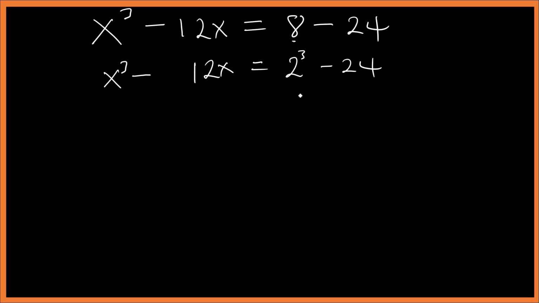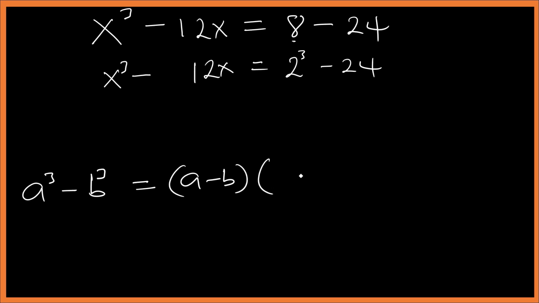Now I want to arrive at the difference of cubes. When we're given a cubed minus b cubed, it is the same as a minus b times a squared plus ab plus b squared.